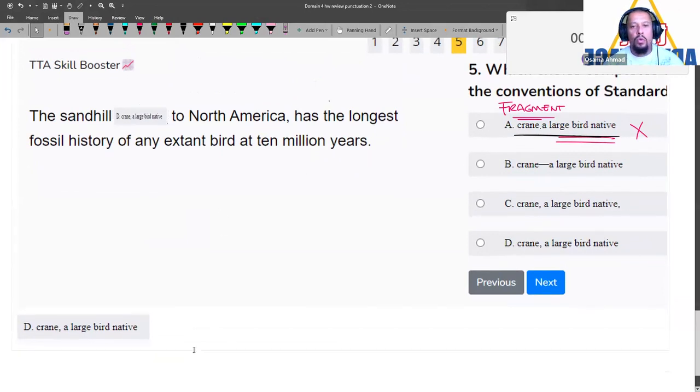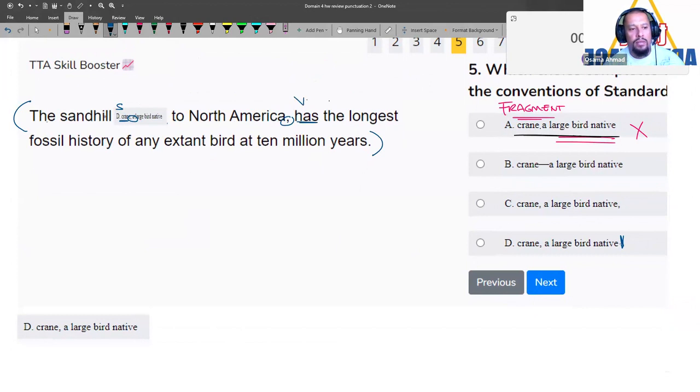So there is no one comma. The sentence does not stop here. This is the full sentence. So the sandhill crane, subject, comma, a large bird native to North America, comma, has the longest fossil history. You're not reading the full sentence. Why are you not reading the full sentence?